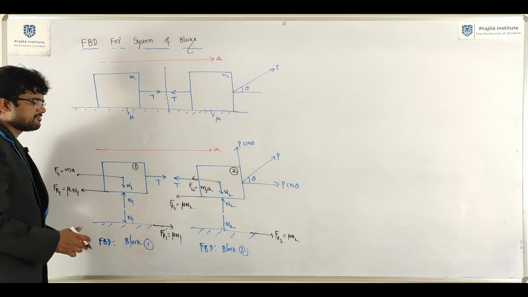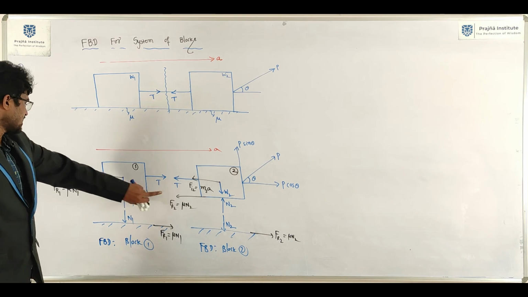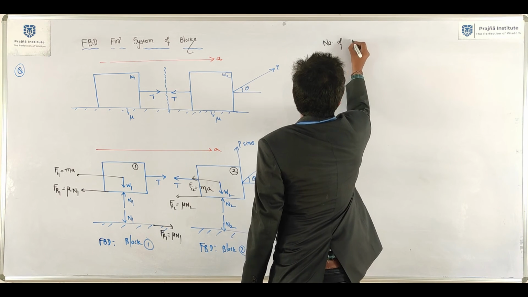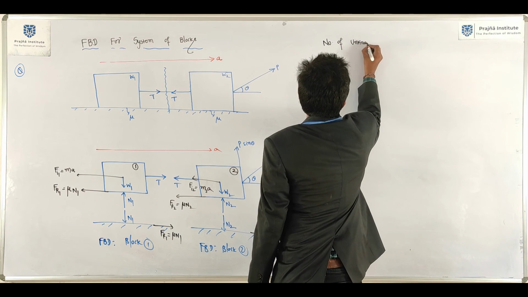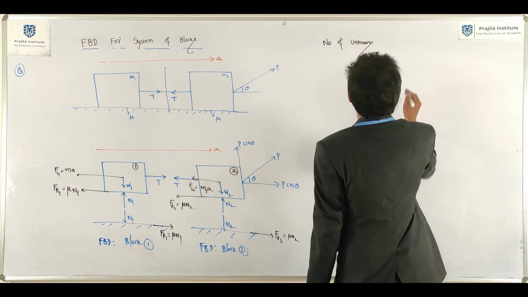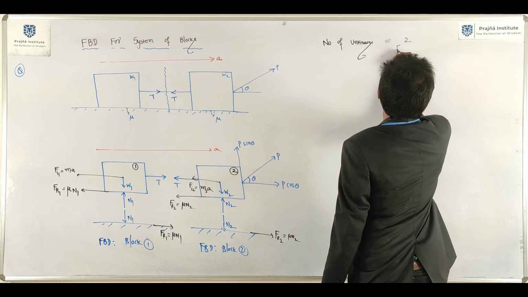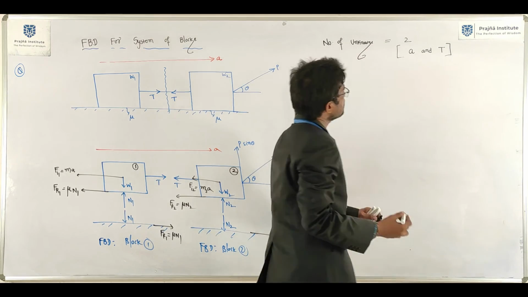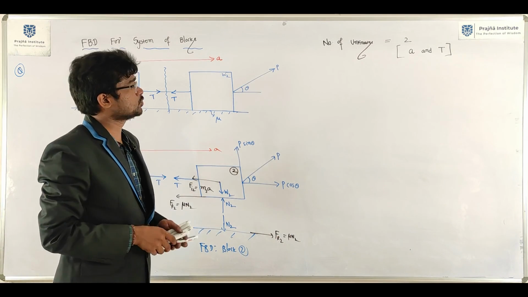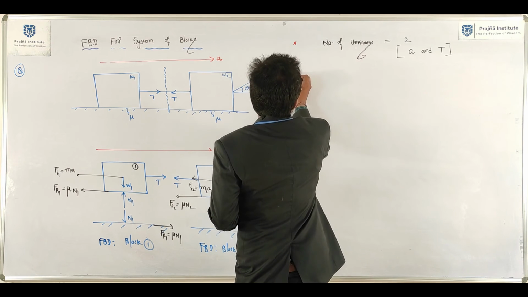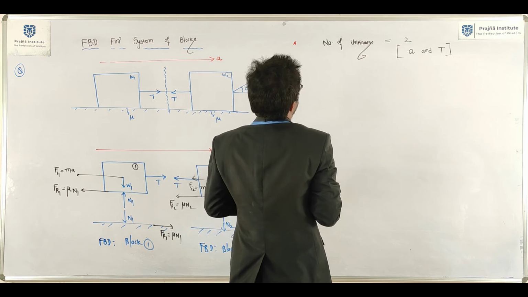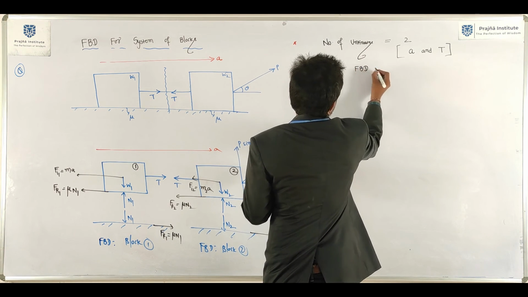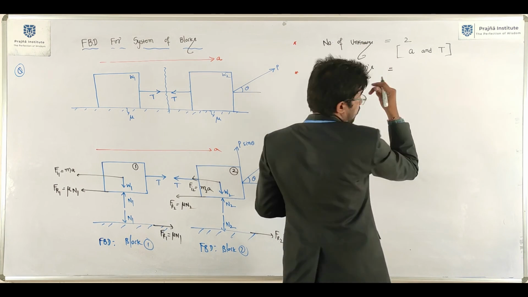So here you are having how many unknowns? Tension and acceleration. Number of unknowns equals 2. What are they? Acceleration and tension T. Number of free body diagrams?